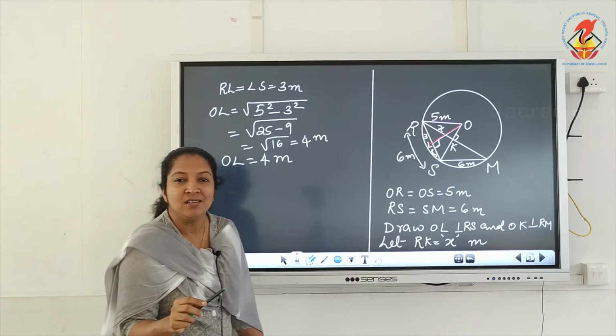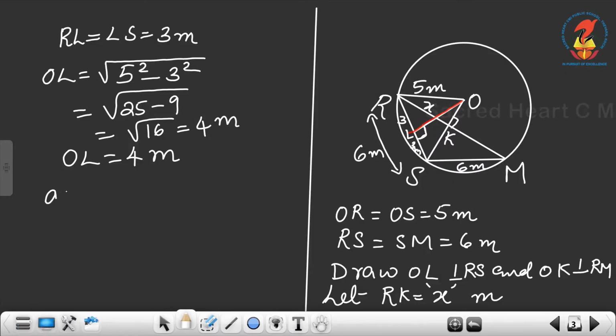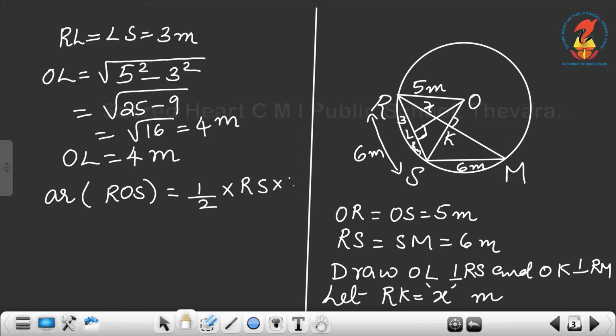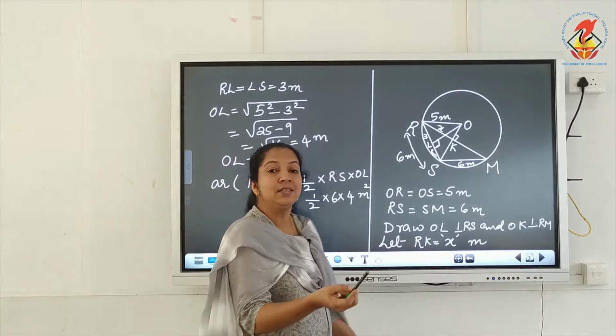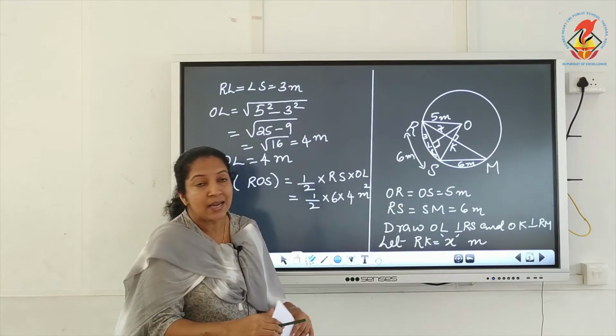So we can find the area. Area of ROS, what's the formula? Half base into height. Half into RS into OL, which is equal to half into 6 into 4 meter square. Then we can find the area using another side and altitude towards that side.